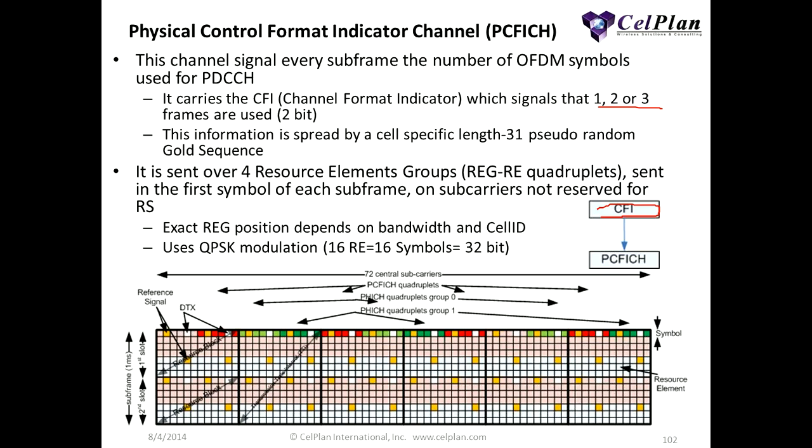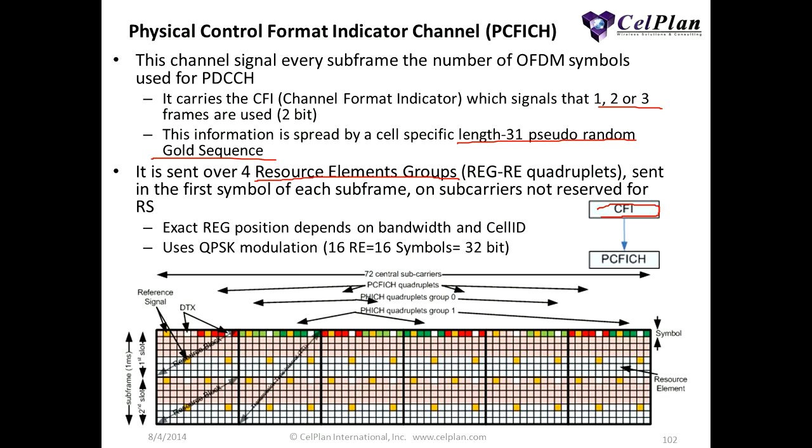It is spread by a length 32 pseudo-random code sequence, and it is sent over 4 resource element groups. This is a very important unit in LTE: 4 resource elements is called a REG, or quadruplet.